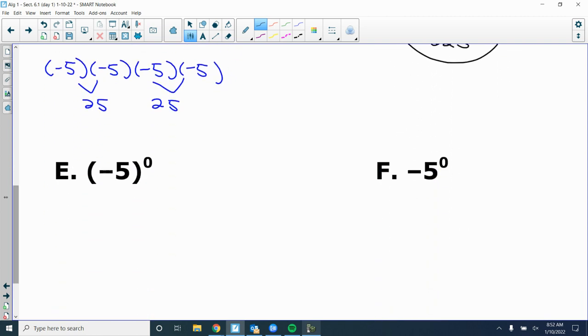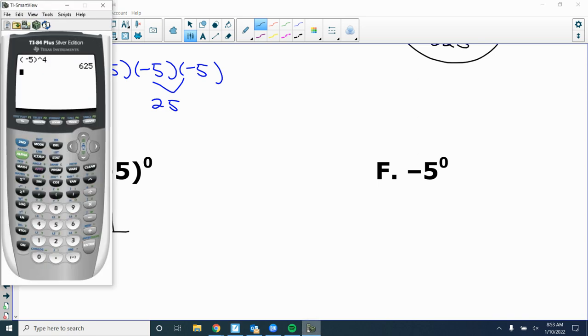Okay, again, this is a little bit tricky for E and F because you got parentheses in one and you don't have parentheses in the other. Since you have parentheses, that whole thing is to the 0 power. That just equals 1. You would type that into your calculator. Parentheses, negative 5 to the 0 power gives me 1. All right, anybody know what the second last one is?